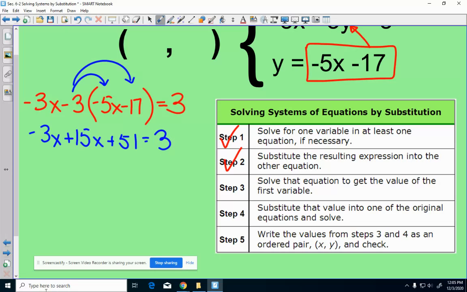Make your distribution, combine your like terms, and you should get a value for x.